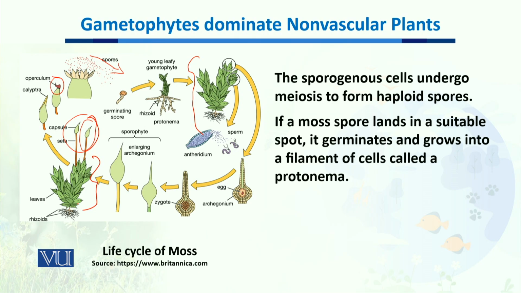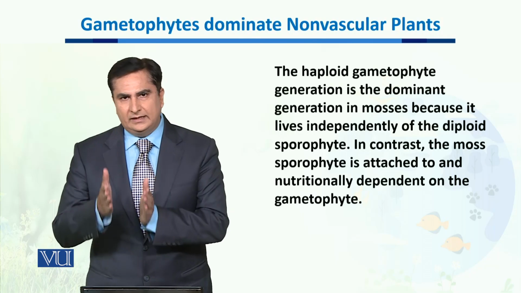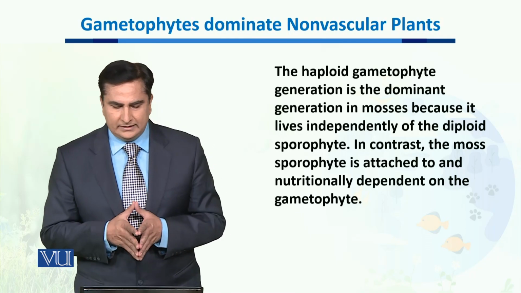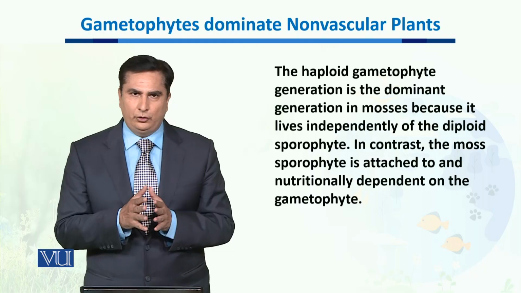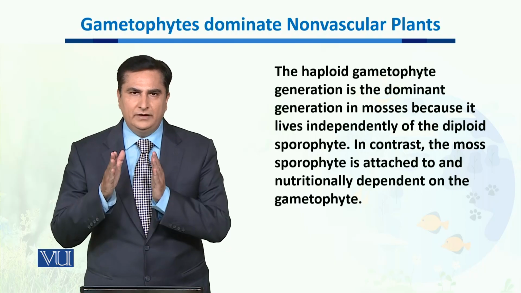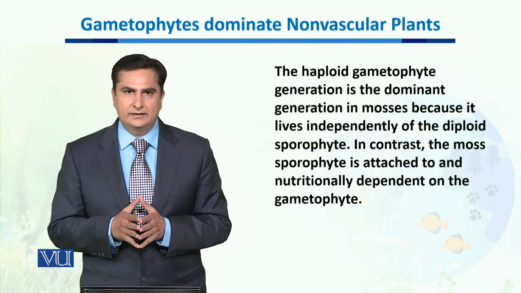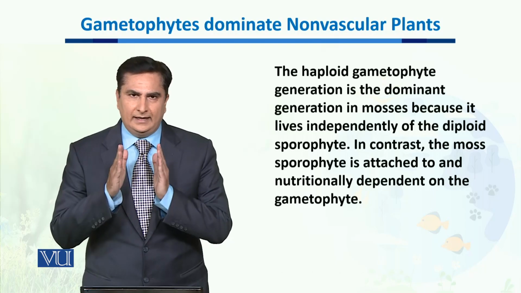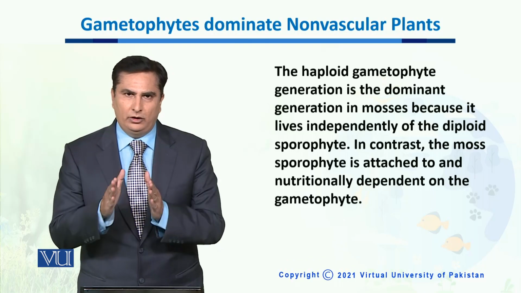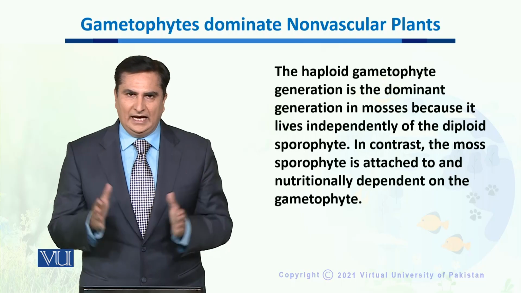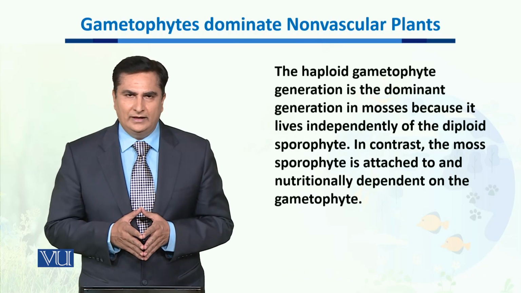This clearly shows that the gametophyte in the life cycle of non-vascular plants is the more dominant form in the alternation of generations. In contrast, in the advanced vascular plants, we see a different story, but as long as we talk about the non-vascular plants, it clearly shows that the gametophyte generation is more dominant in the life cycle of these non-vascular plants.